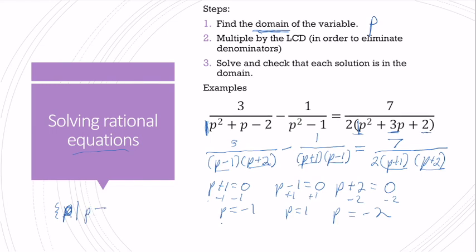So our domain is p such that p does not equal negative 1, 1, and negative 2. So there's our domain. And I need to know this because I have to check that the solutions for this rational equation are in the domain.